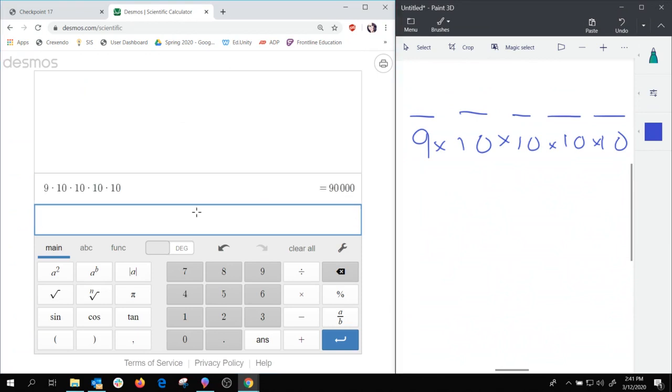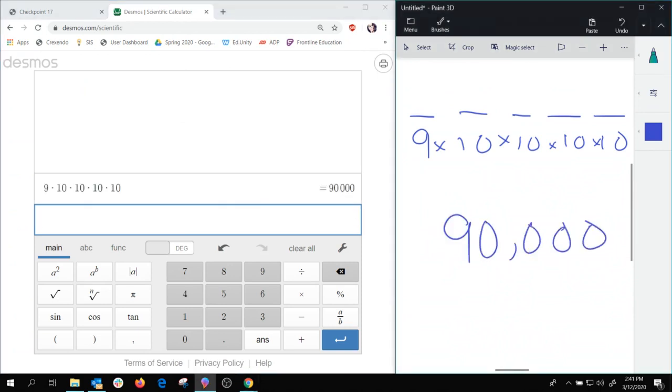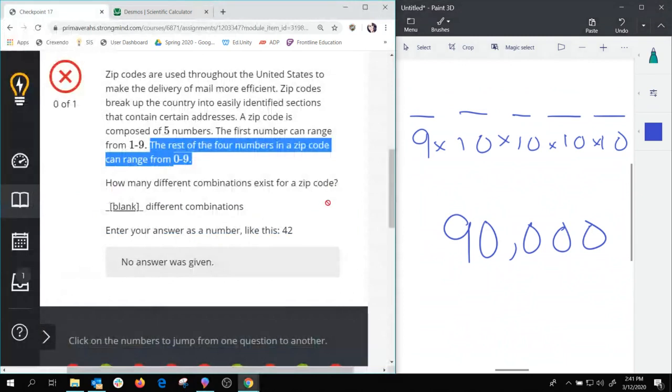And I get 90,000, which means that there are 90,000 different zip code combinations. Yeah, wow, there's a lot of them, right?